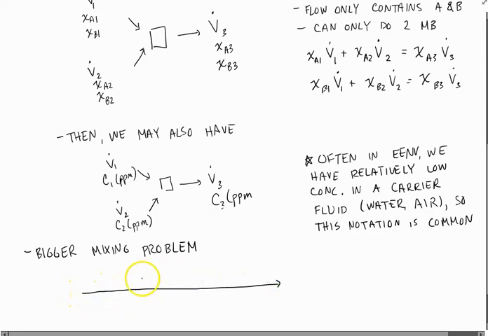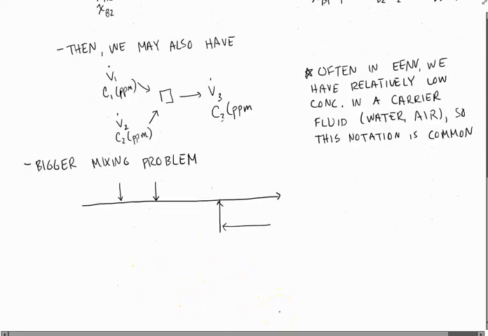And this pipe could be carrying gas or liquid. Basically I just have a whole bunch of mixing points, and I'm going to label my pipe network with volumetric flow rates and concentrations. So we'll do that for each one of the inputs and the output.